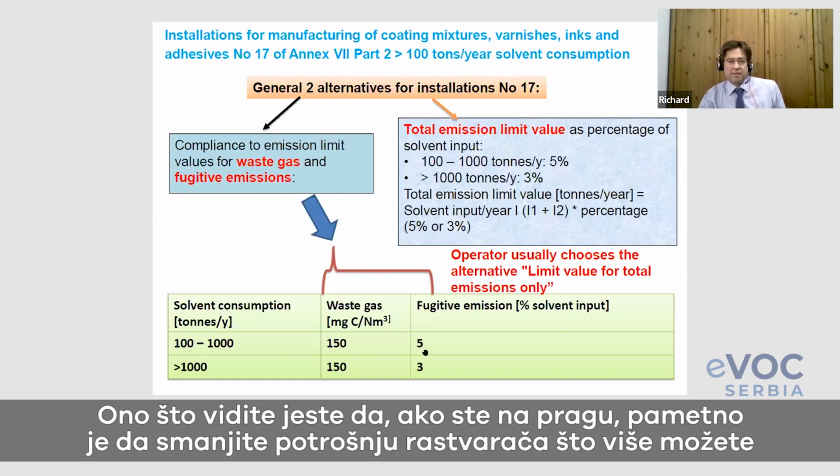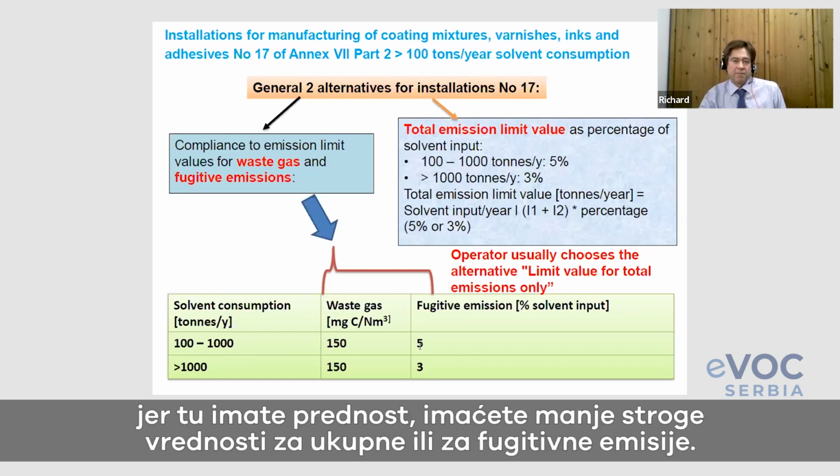What you can see is, if you are maybe at this threshold, it is smart to reduce the solvent consumption as much as possible, because then it is an advantage to use the less strict limit value for the total emissions or for the fugitive emissions.